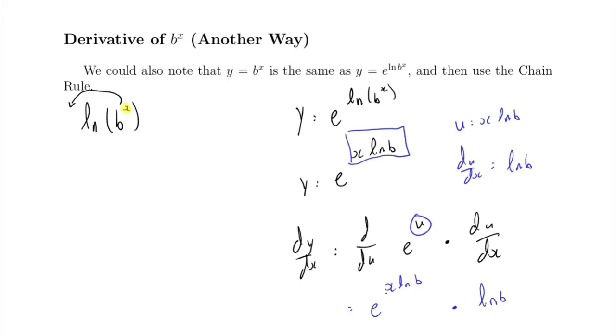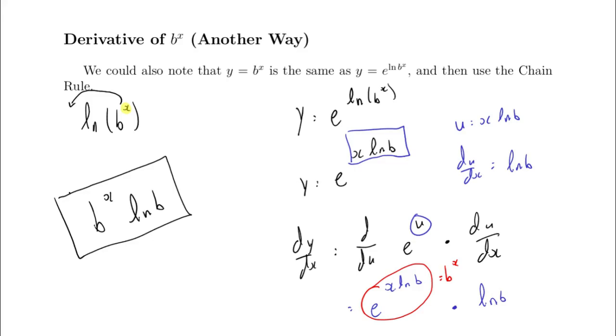And again, we can start undoing things. Notice that this is the same thing as e to the natural log b to the x. And so this is really b to the x. So we have, again, that this derivative is b to the x times natural log b. So that's another way of doing it if you'd like.